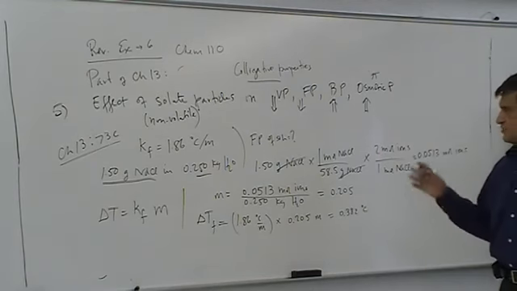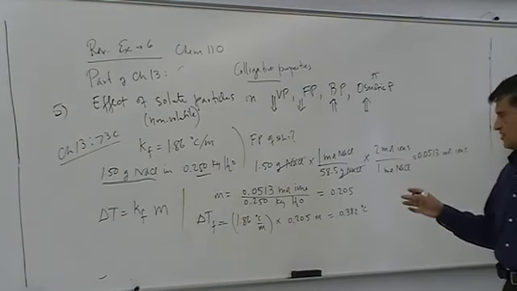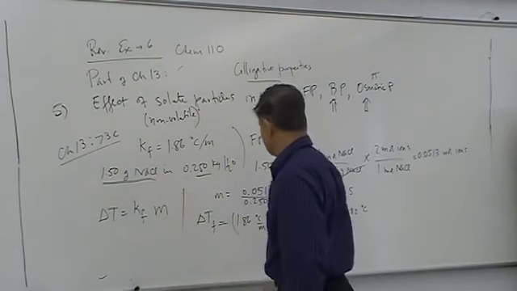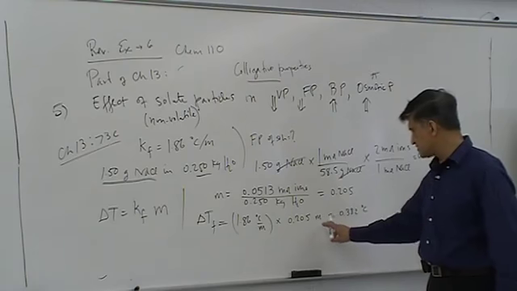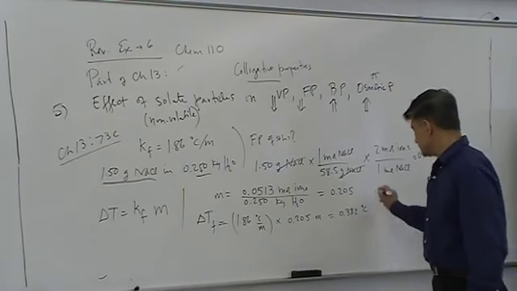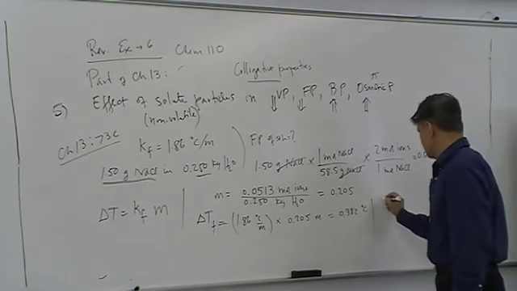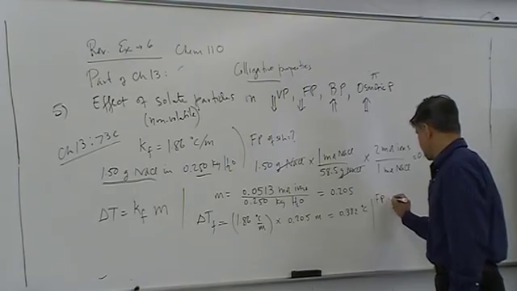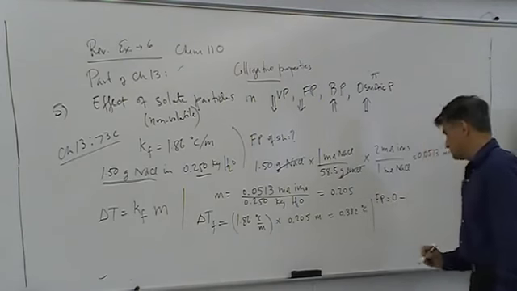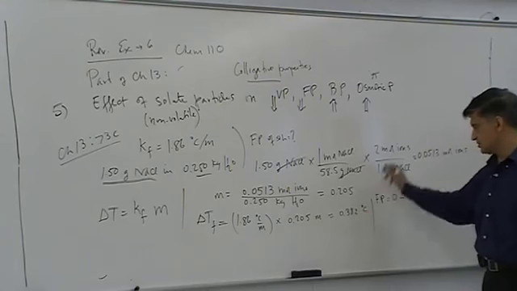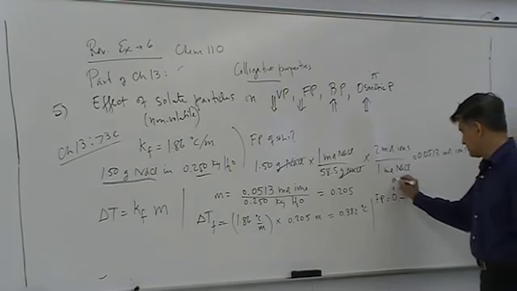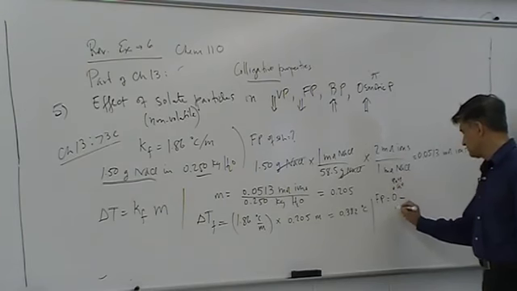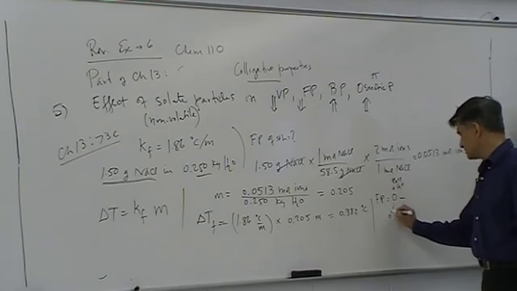Now remember, whenever you add anything non-volatile, and sodium chloride is non-volatile, freezing point is going to be depressed. Now it's depressed by this much. So what is the final freezing point? Freezing point is given by 0 minus, you subtract this value, it didn't go up, it went down. 0 is the pure water, pure H2O, that's 0 degrees centigrade.